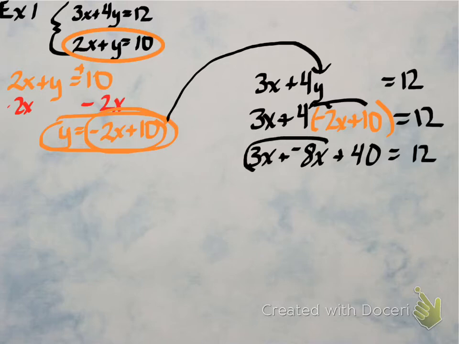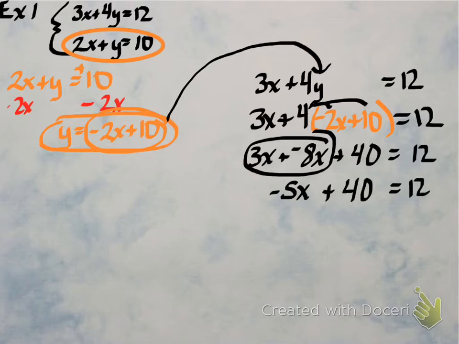Now I'm going to combine like terms. 3x plus a negative 8x is a negative 5x plus 40, equal to 12. I need to move that 40 to the other side, and that gives me negative 5x is equal to negative 28.